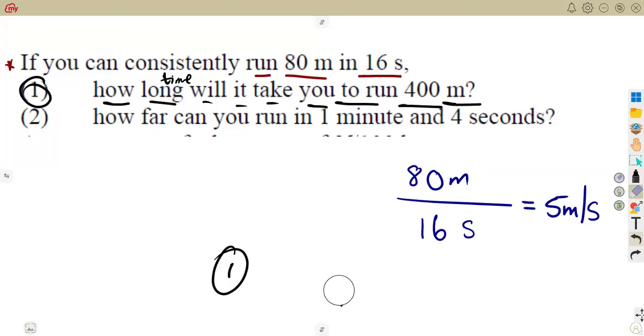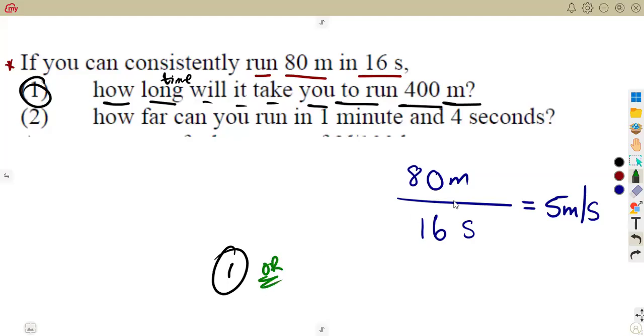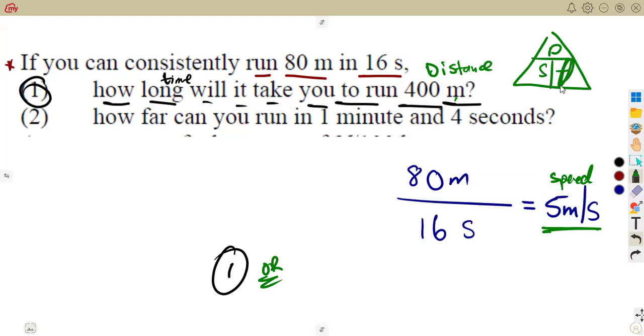Understanding this concept of the rate. Or you can use that part of the distance part that I was referring to before to say, this 5 meters per second, it represents what? The speed. Here, what are we given, measured in meters? It is the distance. What are you supposed to calculate? The time. So we saw that from our DST, time is distance over what? Distance over speed. You need to calculate the time.